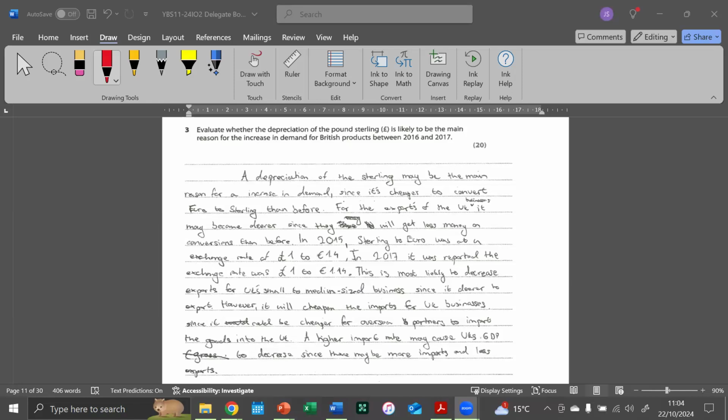So sometimes with these evaluate questions and these assess questions, I would say to my students, spot the ambiguity. Spot the thing within the question which is deliberately vague, which you can seize upon to create an importance, or the effect differs depending on the situation, or the effect becomes more or less important.